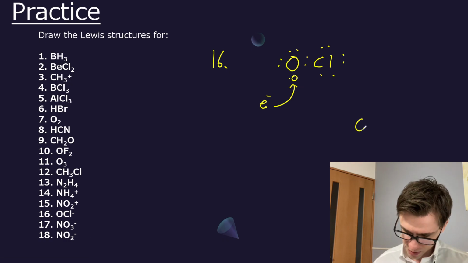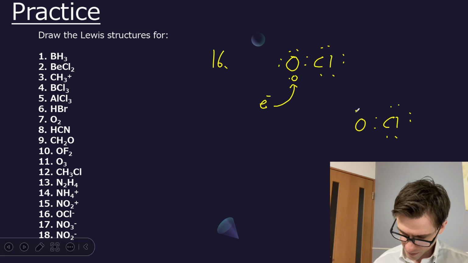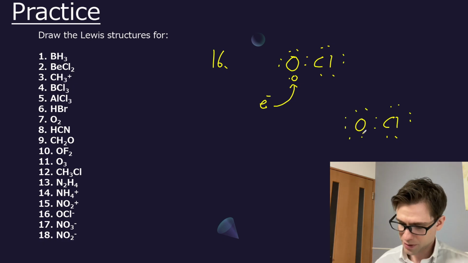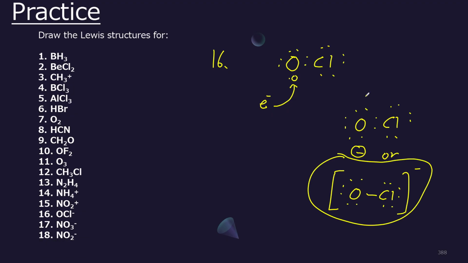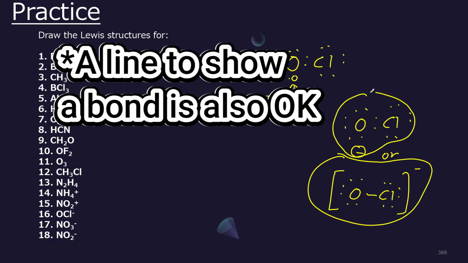So we will get OCl-. Now this oxygen that received an extra electron is negatively charged now. You can either draw it like this or in the brackets. Okay, so that's okay. Or this is okay as a structure.